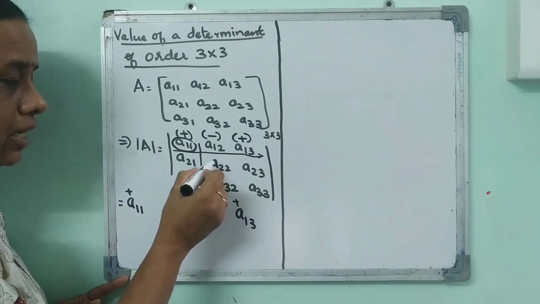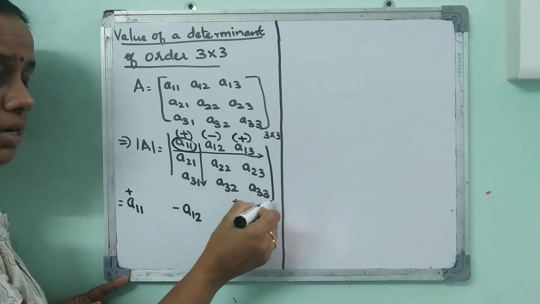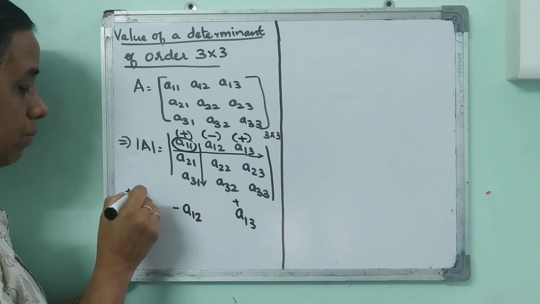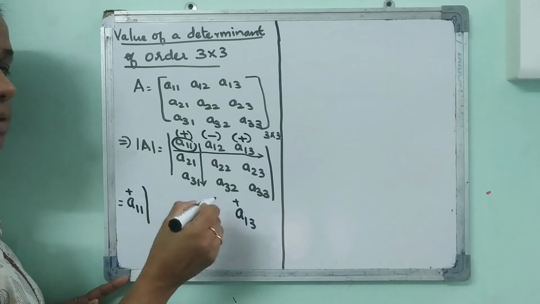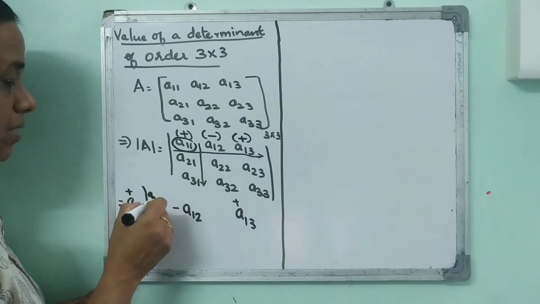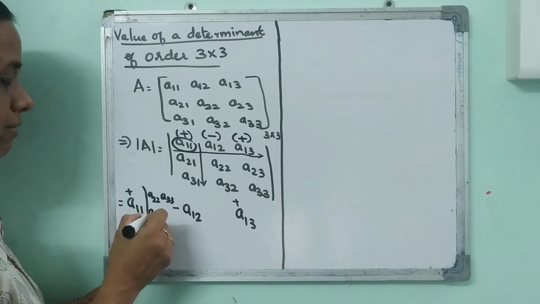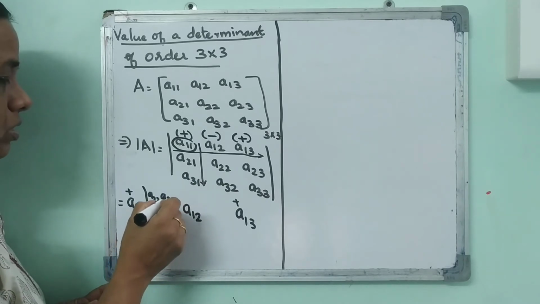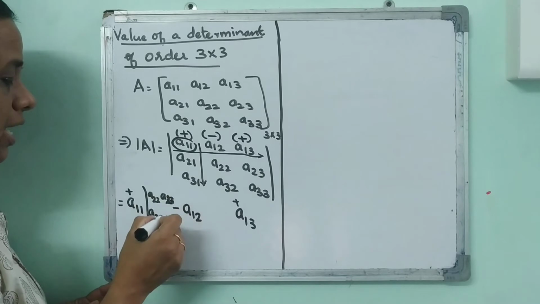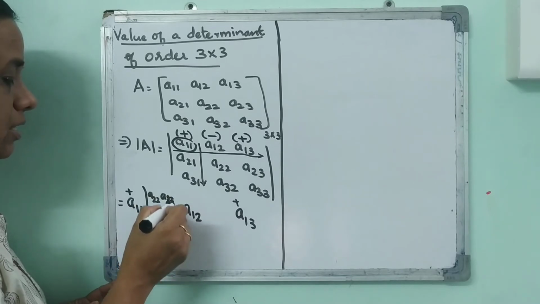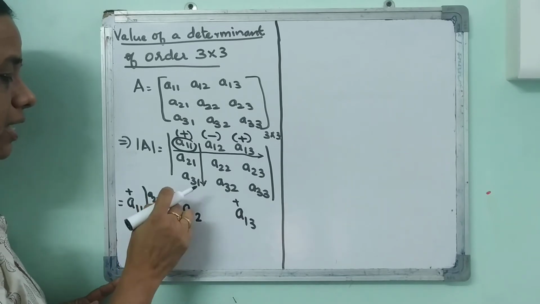What you get is a remaining determinant. So multiply A11 with that remaining determinant. What is that remaining determinant? It has A22, A23 and then A32, A33. This is the remaining determinant.